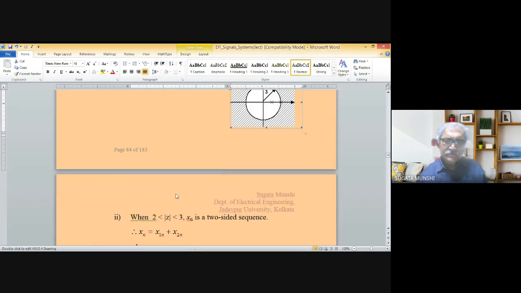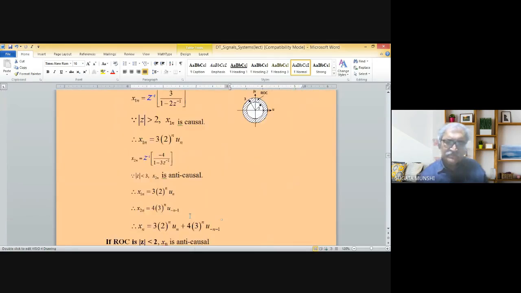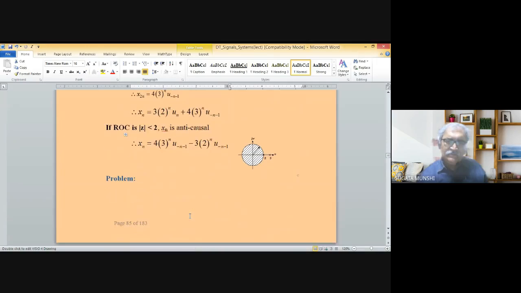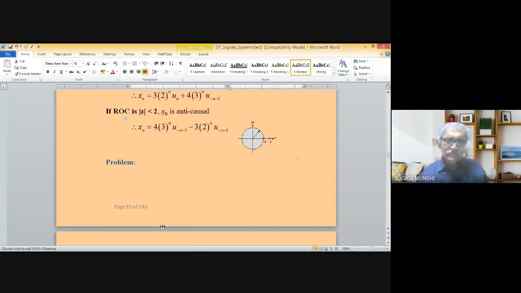Second case, magnitude of z greater than 2, less than 3. Under that condition, x[n] is a two-sided sequence. Before that, let me first consider case 3. ROC is magnitude of z less than 2. For that case, obviously, x[n] is an anticausal sequence.